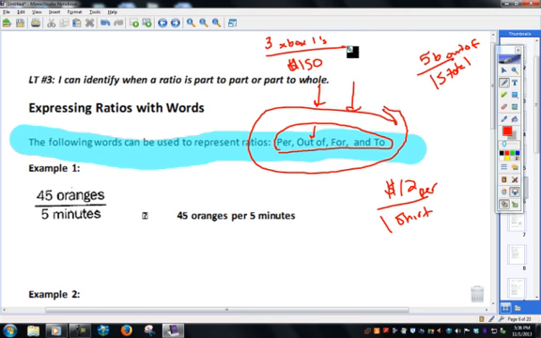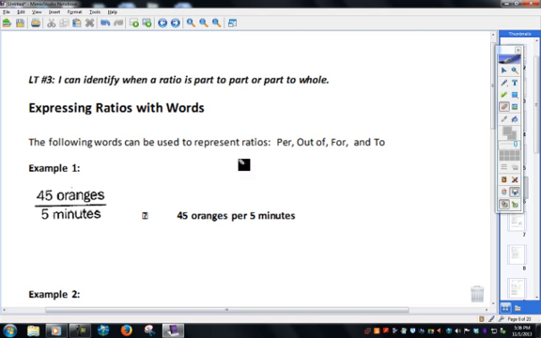Obviously that's very unrealistic, but you get the picture. I'm using the word for there. And finally, obviously the word to. We've been doing the word to; that's one of the ways we write it. So those are the words you get to use.